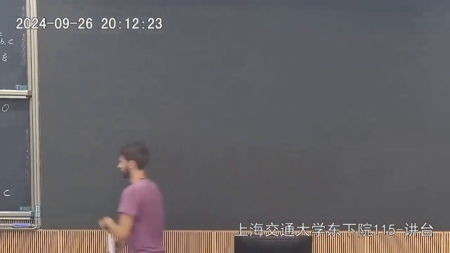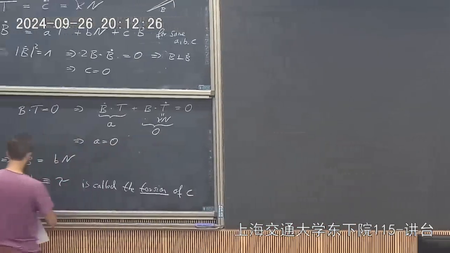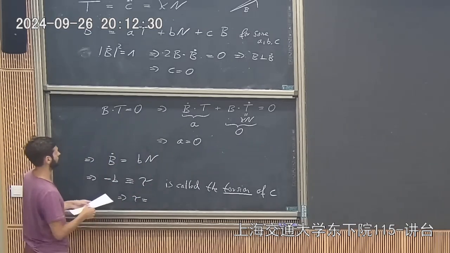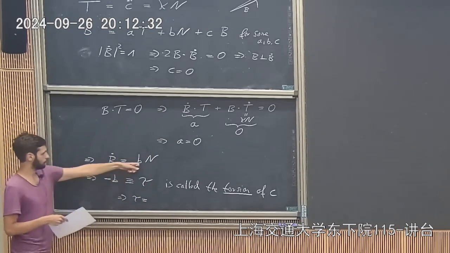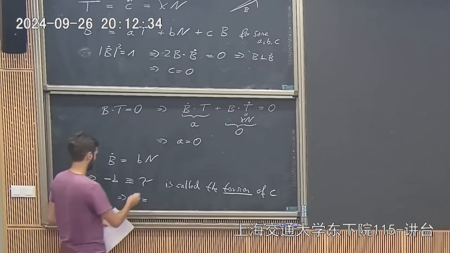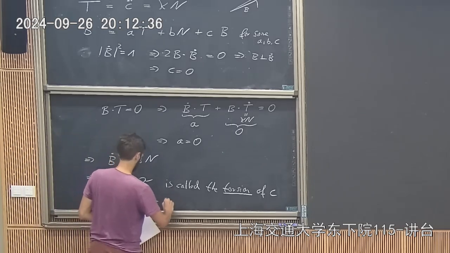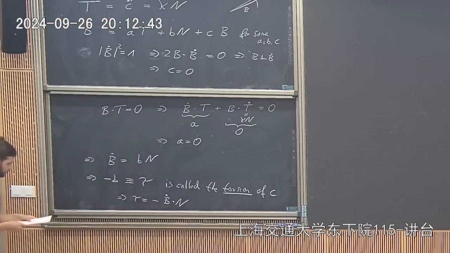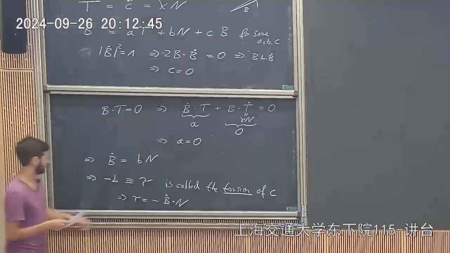Just to give you a formula, a different way to write this is that we can calculate this constant in the expression by just taking the inner product. So it's minus B prime in inner product with the normal vector field.